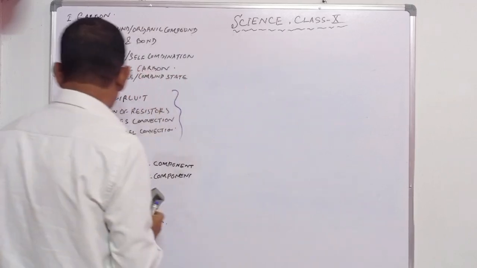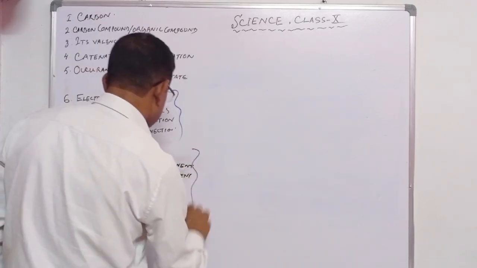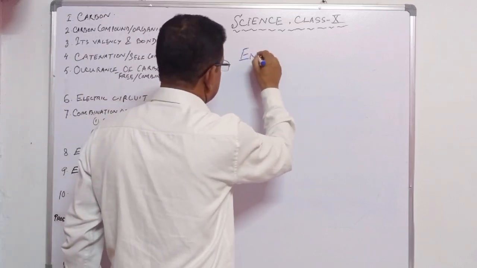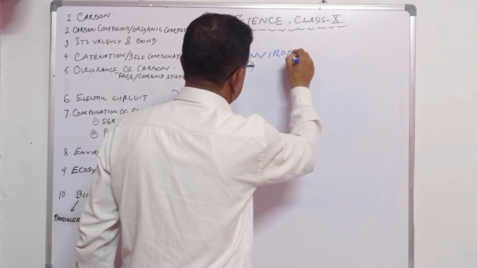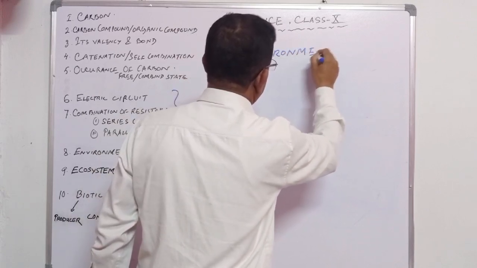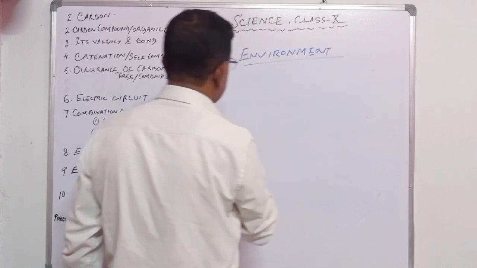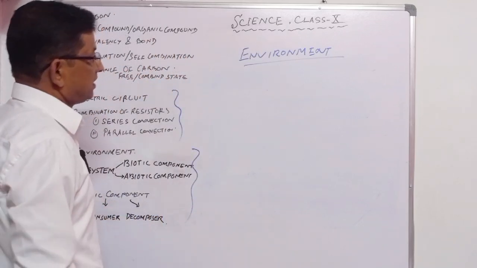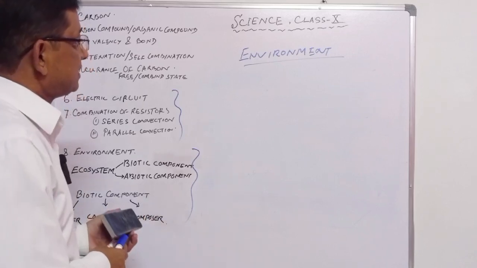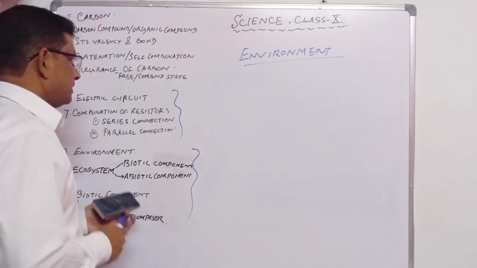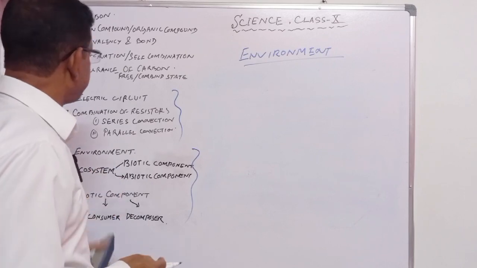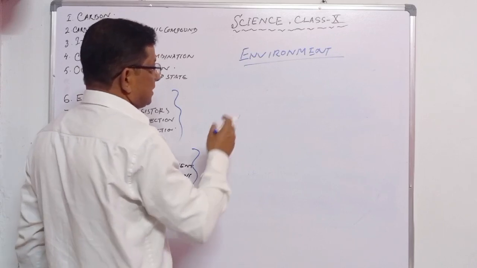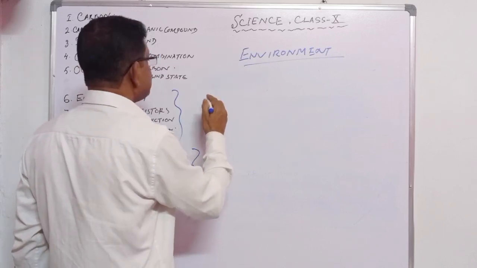Next we will discuss a few topics from biology, that is environment, from the chapter Our Environment. Simply we can say our surroundings, what we see around us, is called the environment. It is a broad term, and the next term to be discussed is ecosystem.